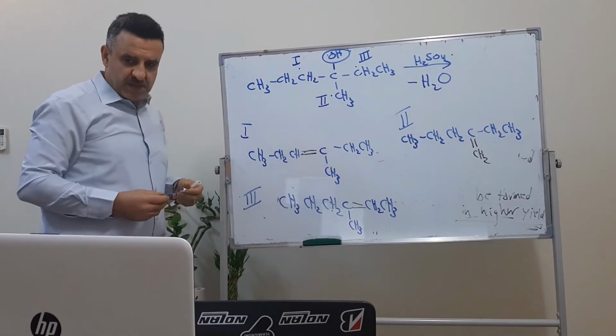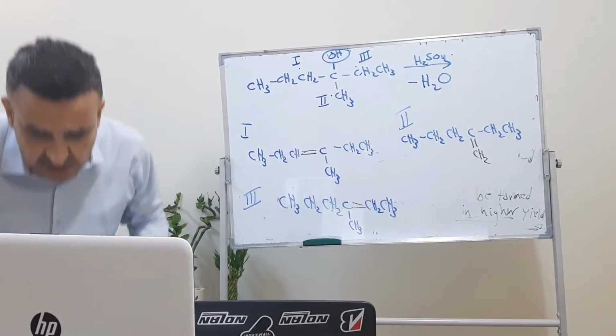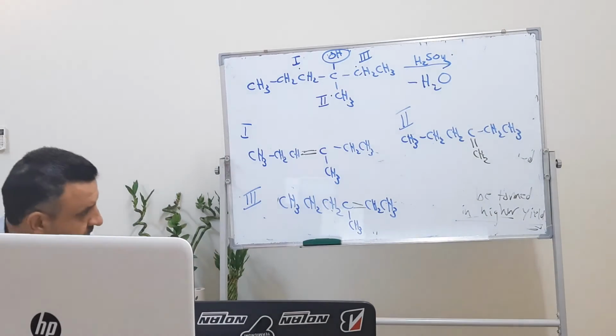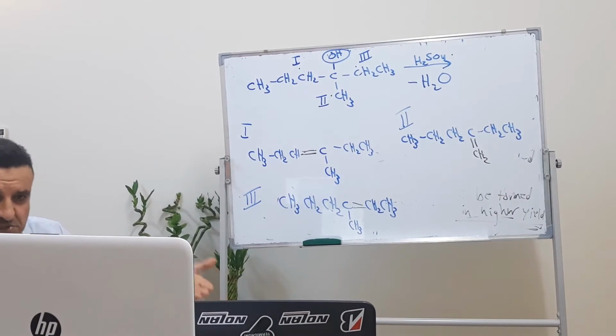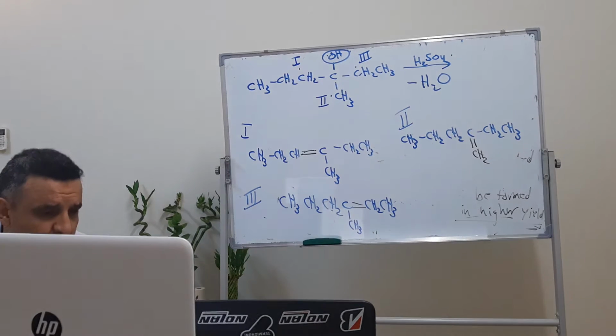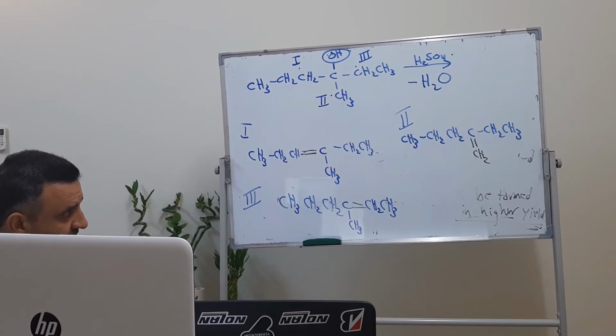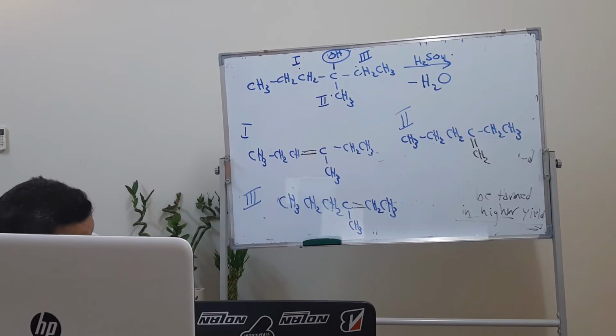Do you follow me? Can you see all the three possibilities? Yes, doctor. So we have three possibilities. According to the Zaitsev rule, which one is the more stable? Which one will be the major, which is again the same question. Which one will be the more stable one? I think they are the same. Why? No, doctor, the third one, I think.